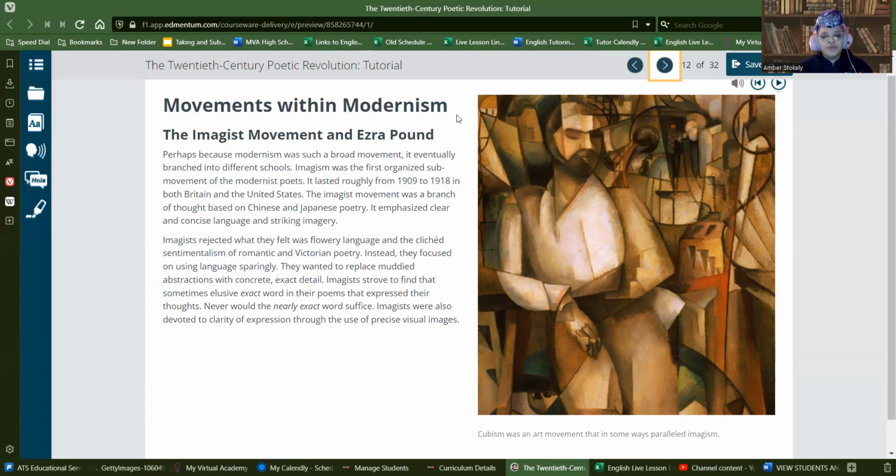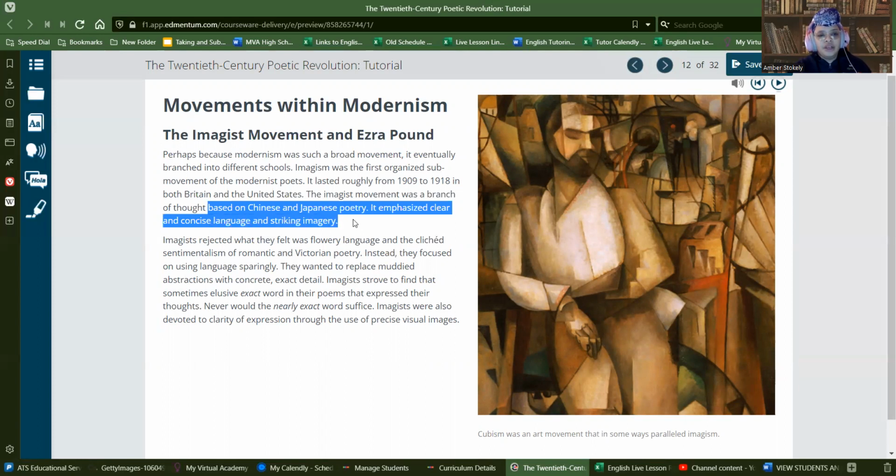It's based on Chinese and Japanese poetry, and it emphasized clear, that means easily understandable, and concise, that means short and to the point, language and striking imagery. Now, we already talked about vivid imagery and economy of words on the last page. So this is part of where that came from.